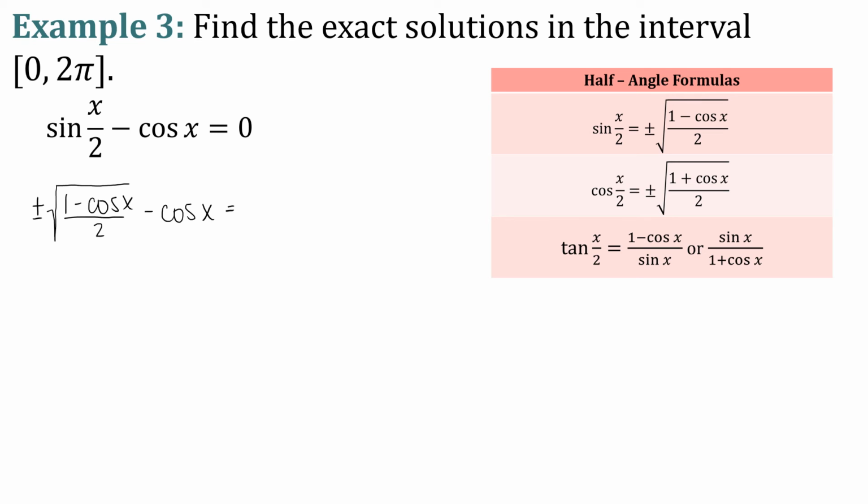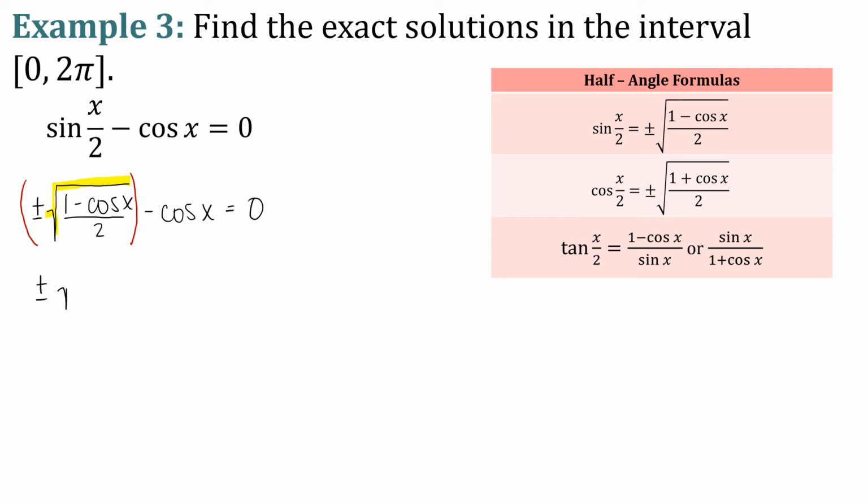Now, what we see here is a radical. We learned back in Algebra 2 trig that we need to get rid of the radical, we need to square it. So we're going to square both sides, after we set it equal to 0, I'm getting ahead of myself.